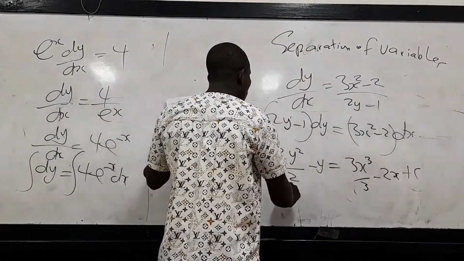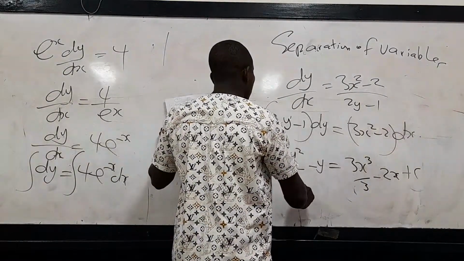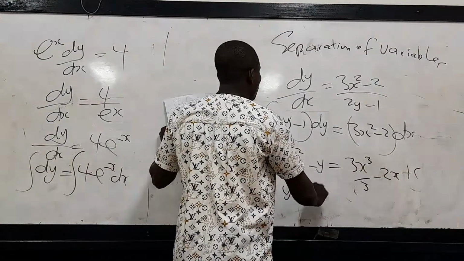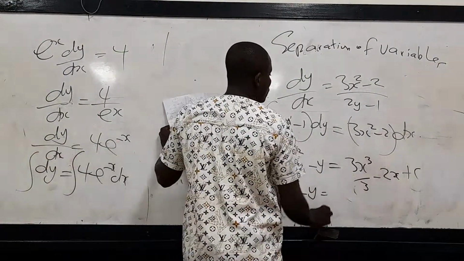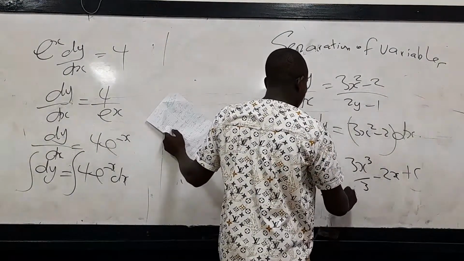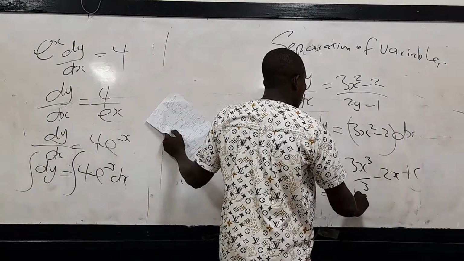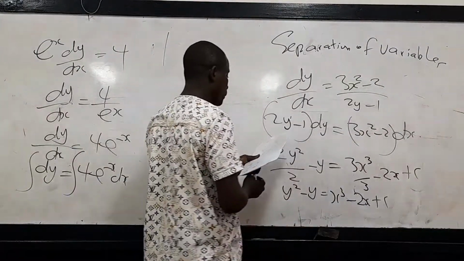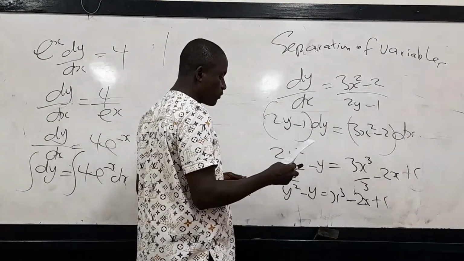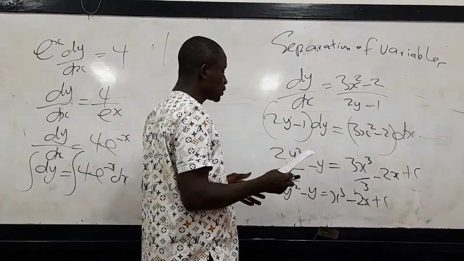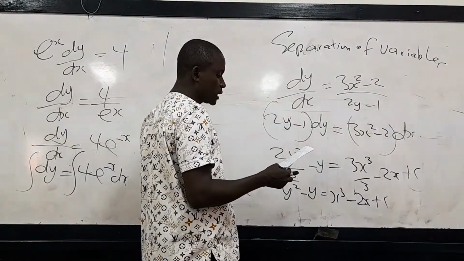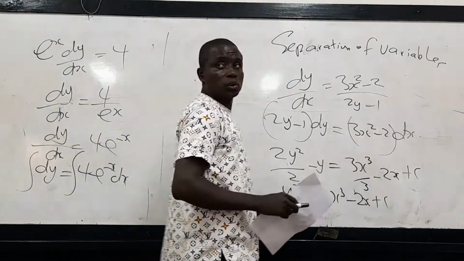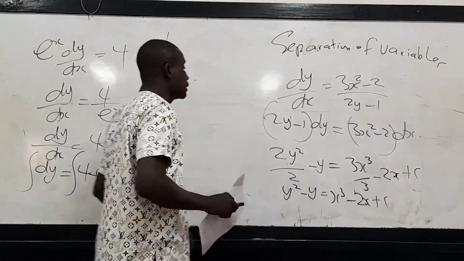So here I'm having y squared minus y is equal to x cubed minus 2x plus c. That's what I've got here, and that is what I worked and I got. Is that okay? So take note of that.